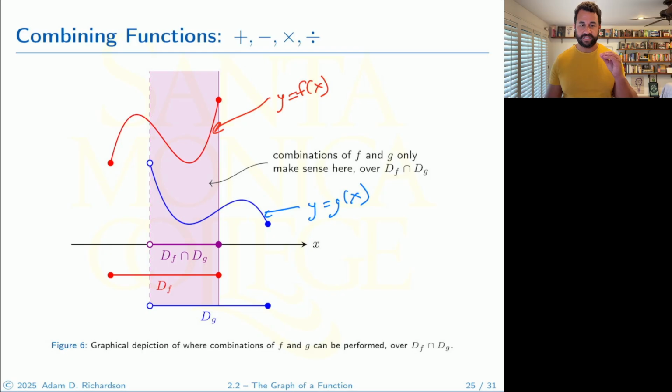So where is their intersection? Well, just like I showed before, here's the domain of f, here's the domain of g, here's the overlap. So we can only talk about combining these two functions over this purple interval right here, this purple region.